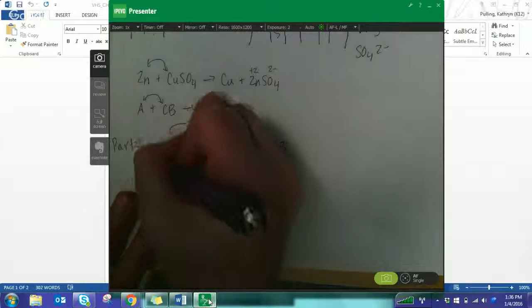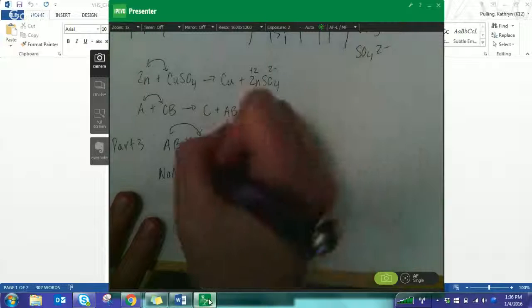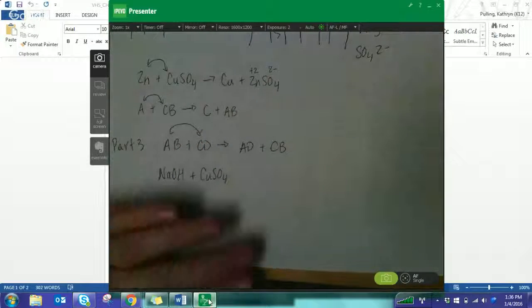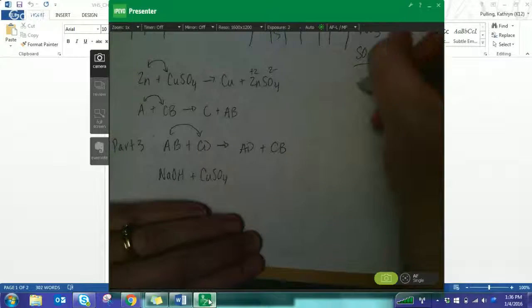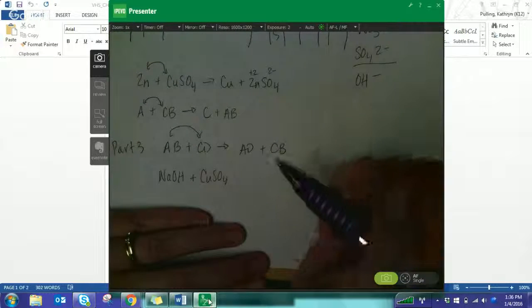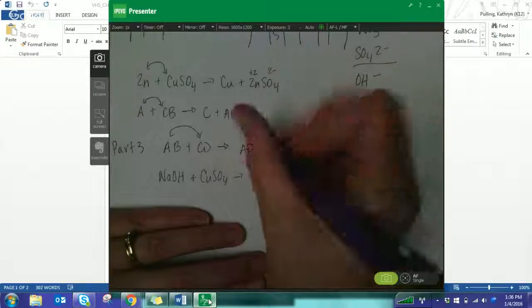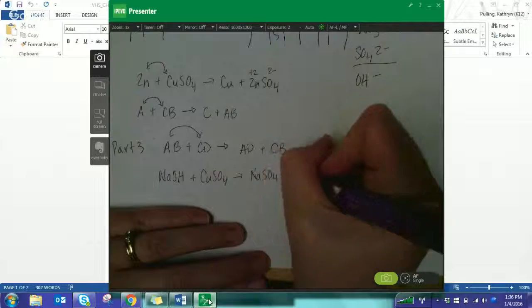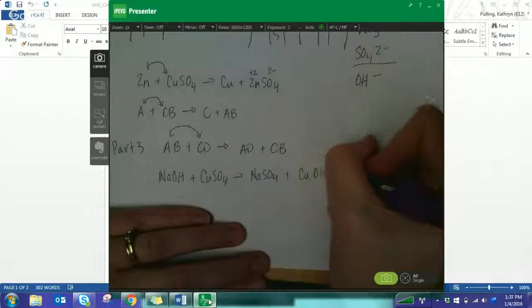So we had NaOH plus CuSO4. We know sulfate makes a 2 minus charge. OH is another one of those polyatomic ions, always has a -1 charge. So afterwards we're going to have NaSO4 plus CuOH.